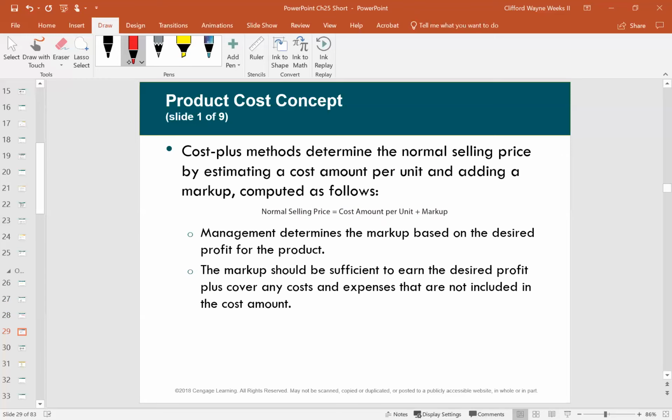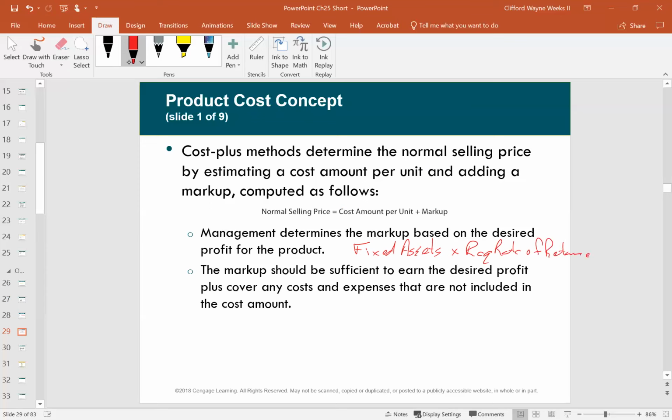And usually, if you remember when we talked about return on investments, where we took our fixed assets and multiplied it times the required rate of return.